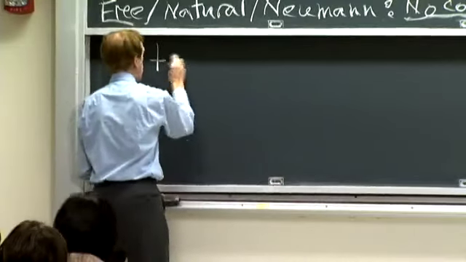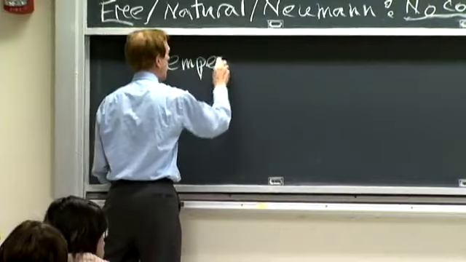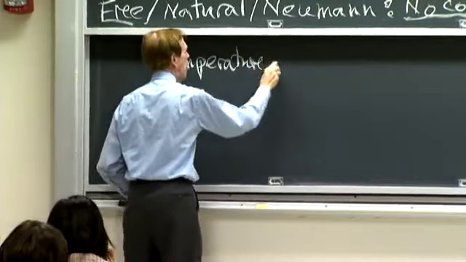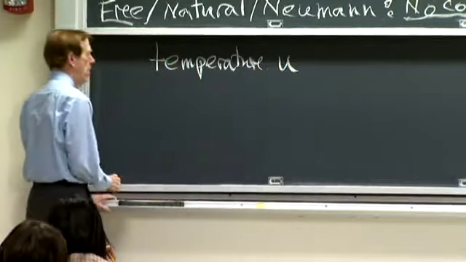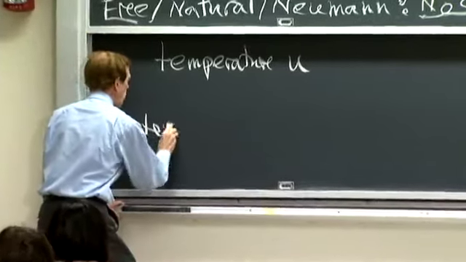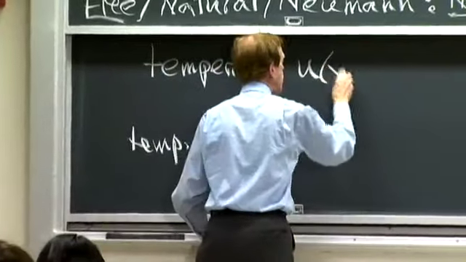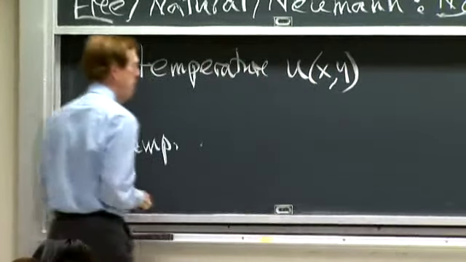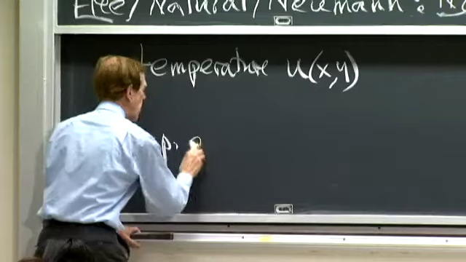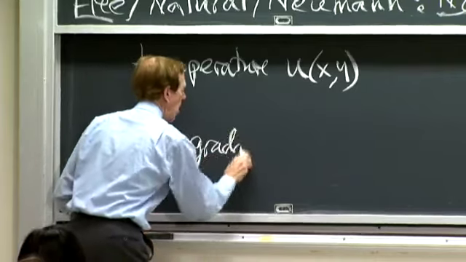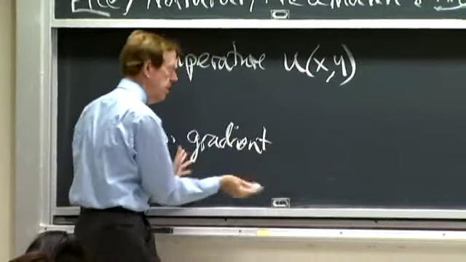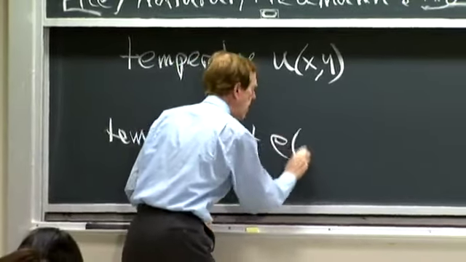So instead of being displacement, let me make it temperature. Then I have a temperature gradient, a slope. But now the whole point is that it's a function of x and y. Then I have a temperature gradient. And if I'm consistent with the notation, that'll be E of x and y.